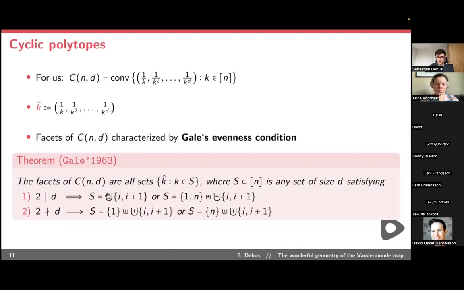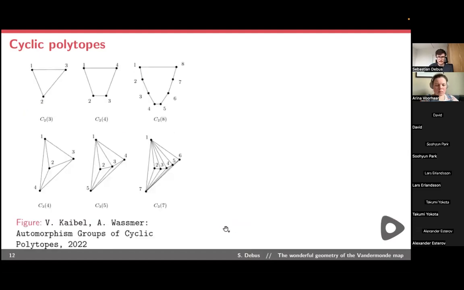So when d is even, S must be a disjoint union of consecutive integers i, i plus 1, or it's a disjoint union of consecutive integers with the endpoints 1 and n. And when d is odd, then it's a disjoint union of those consecutive integers with the endpoints. And now this was maybe a bit abstract.